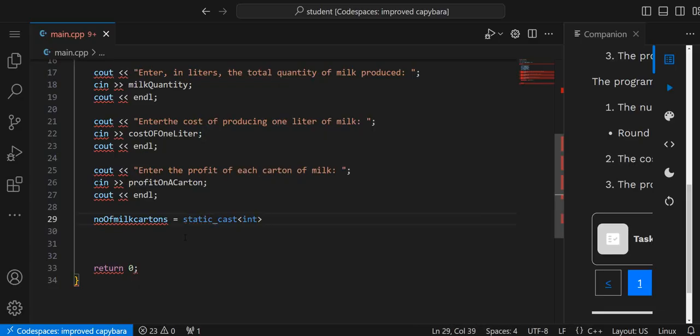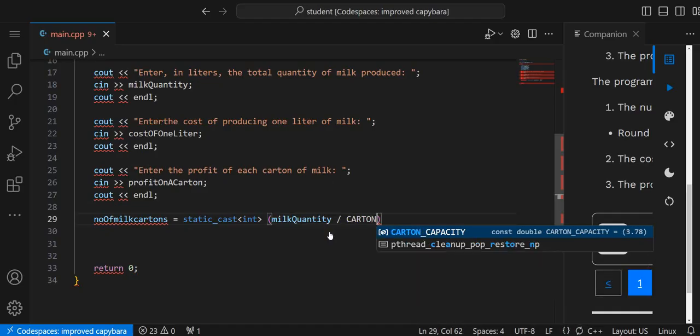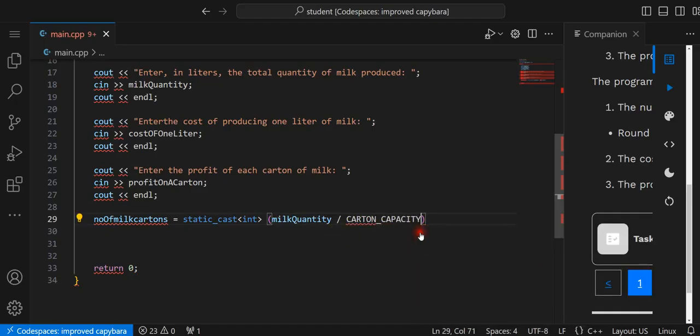and let's see, milk quantity divided by carton capacity. Actually, we gotta use the capacity.